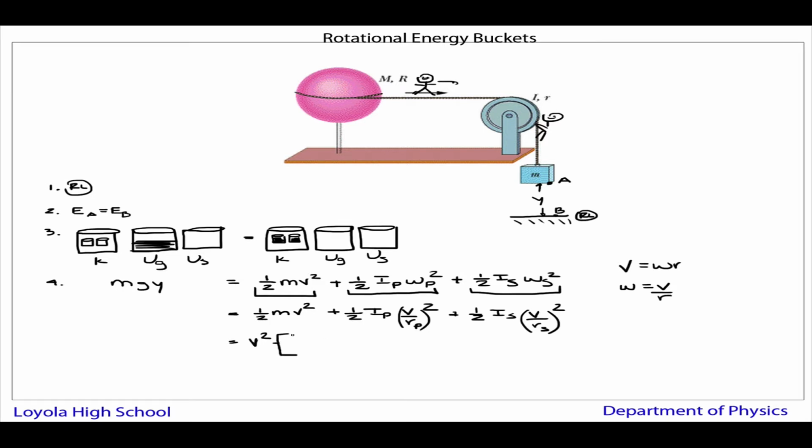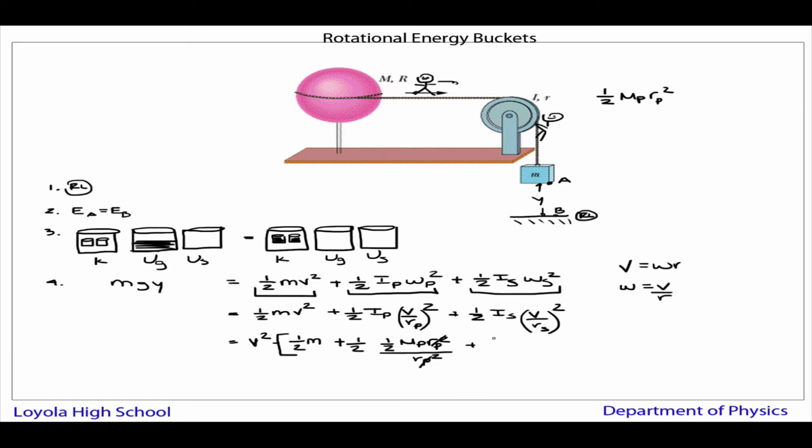V squared times 1/2 m plus 1/2 times the pulley inertia. A pulley is usually a disc, so that's 1/2 mass of pulley R of pulley squared, divided by R pulley squared, so those go away.